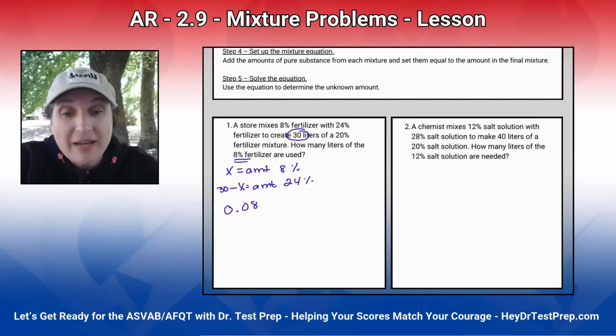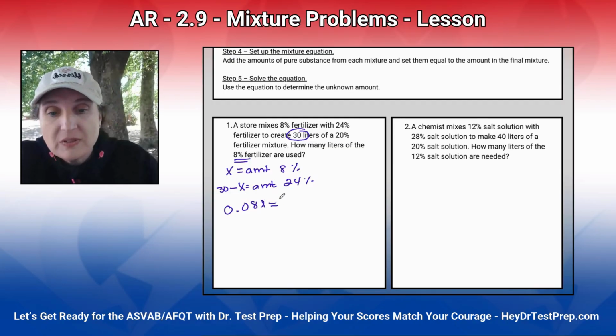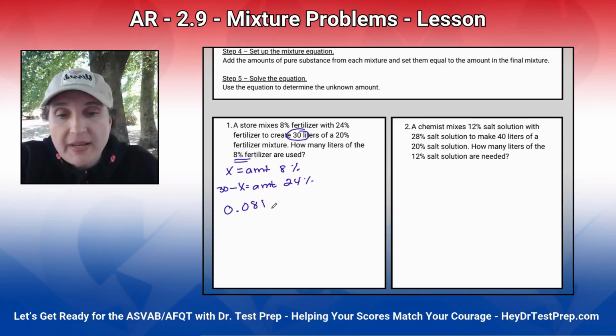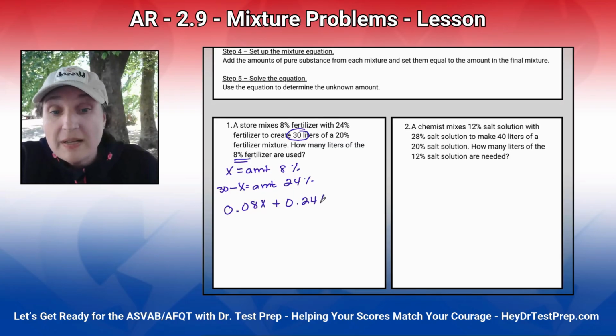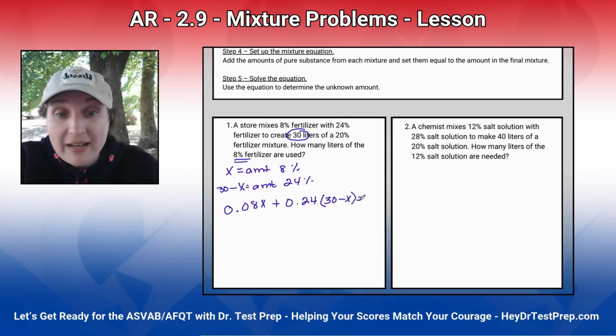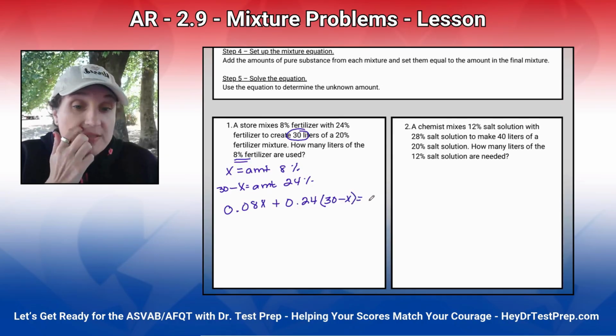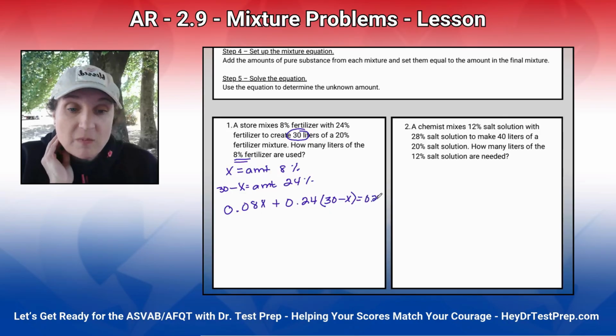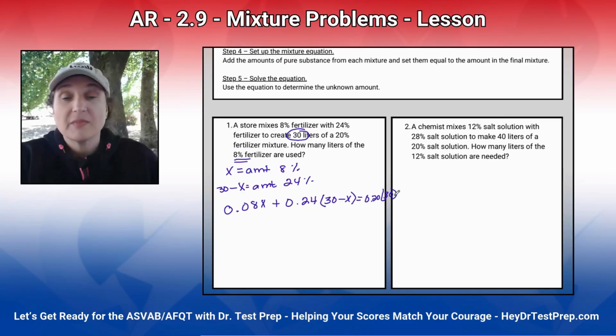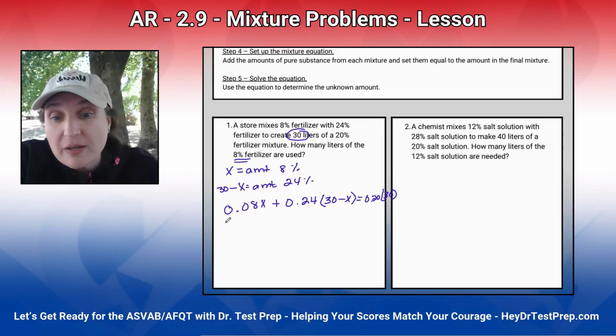Plus, we're going to take 0.24, so 24% written as a decimal, times 30 minus X. And all of that has to equal the 20% times the 30. It's complicated, but not. So we're going to just write it a little bit smaller here.